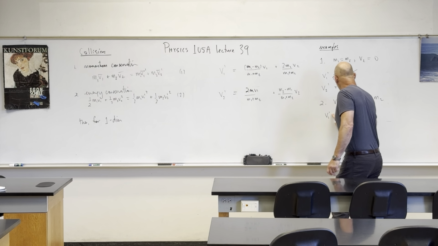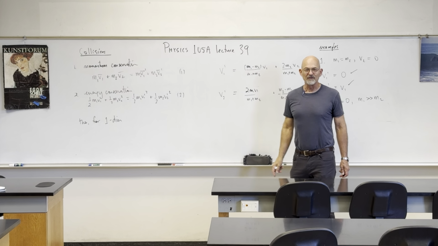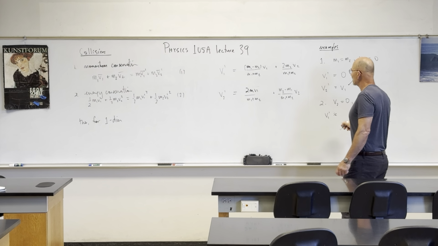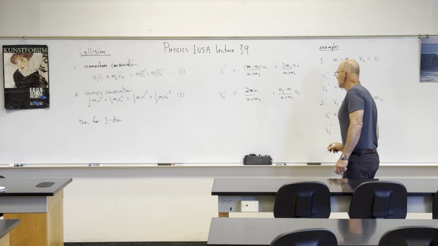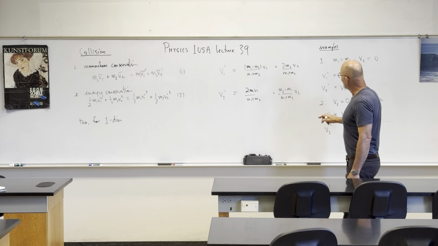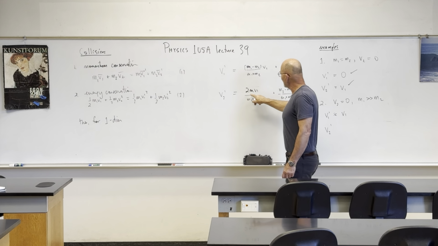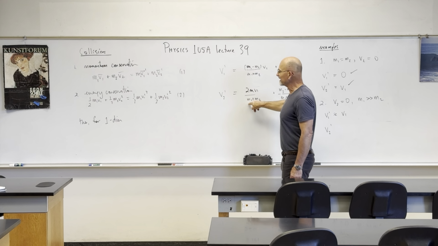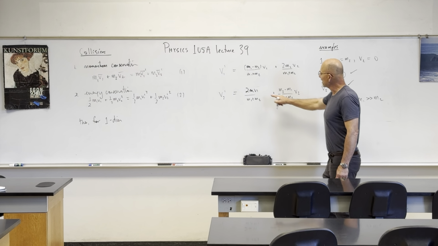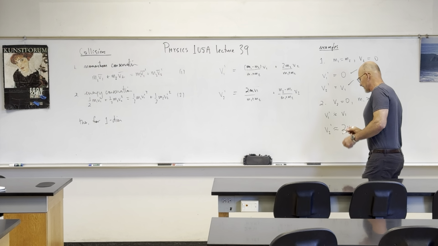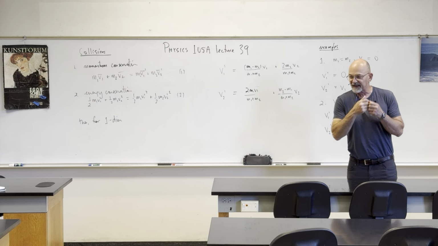If we do an approximation, this one is so large it doesn't really change its speed very much, so v1 prime is approximately equal to v1. For v2 prime, v2 is 0 again, so we can ignore that term. Now we have 2m1 over m1 essentially, so v2 prime is approximately 2 times v1. And this was the phenomenon we saw: the big one comes in rolling slowly and kicks the other one out faster.